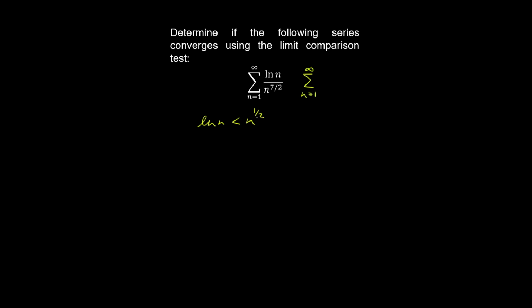So that will be n to the half on n to the 7 on 2, which is 1 on n cubed. And now we can take the limit as n approaches infinity of the ratio of both terms in those series. And doing a bit of algebra, this simplifies as follows.